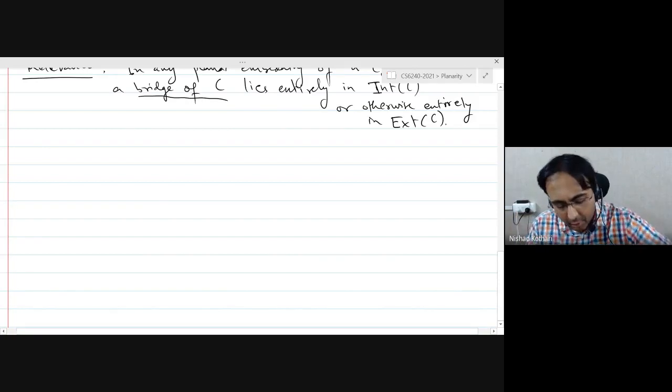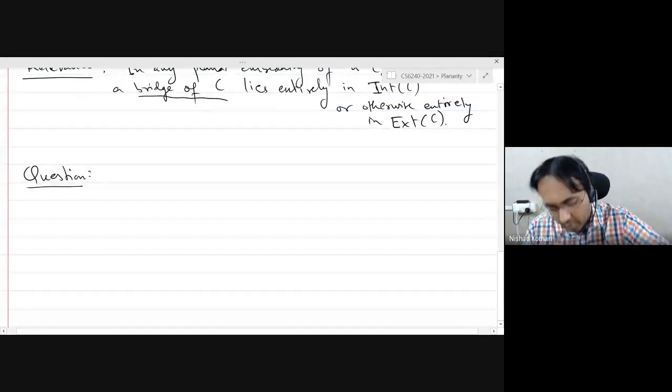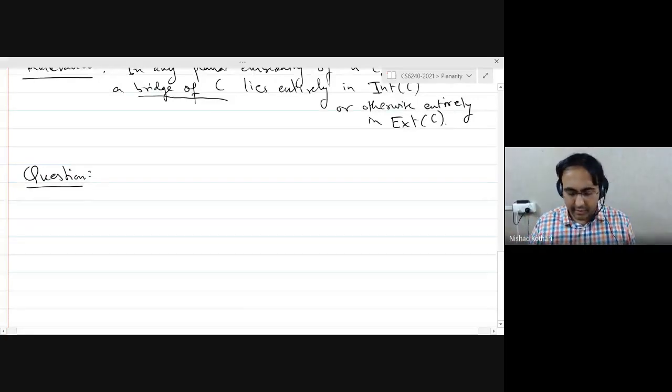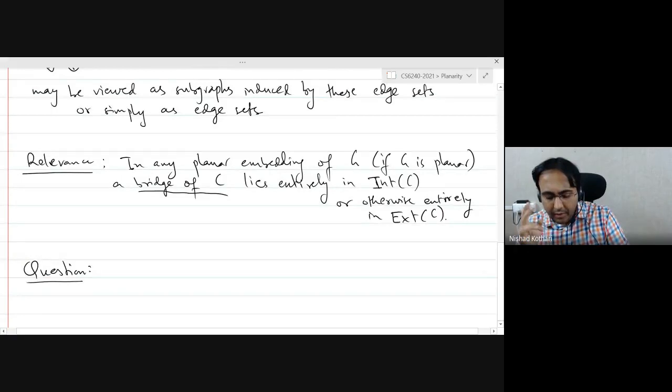Okay, let me put down a question before we go into all these further definitions. There are two things we want to prove in the rest of this module. One, we want to prove that in a three-connected simple planar graph, all embeddings are equivalent. What I mean is that in any planar embedding of the graph, you will have the same facial cycles.